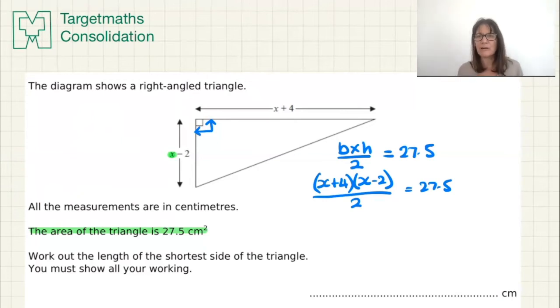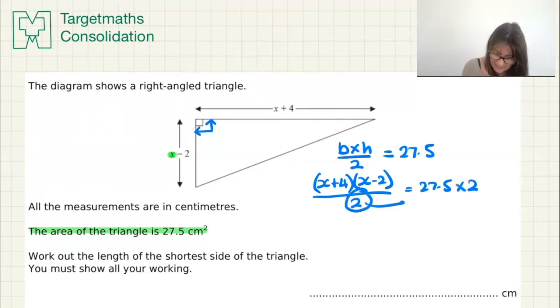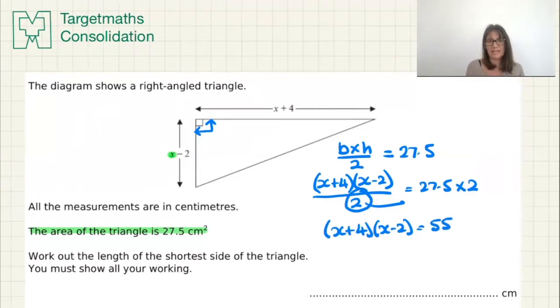Now the kind of number crunching starts and all the skills start. I'm going to get rid of that divide first of all. You can go over there, land as a times, and then that's going to give me X plus 4, x minus 2 equaling 55. I'm going to crab's claw this out because I can see it's a quadratic, but it isn't a quadratic that equals 0. So it's not like I can just go on and say, oh, x is minus 4 and x is 2.